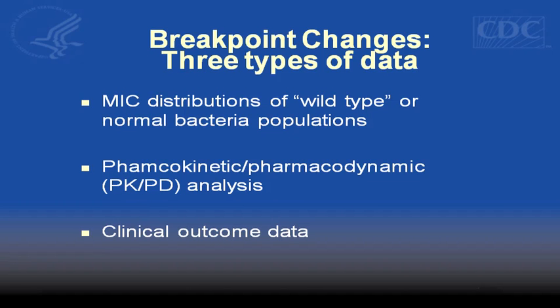For the cephalosporin breakpoint changes, and even for the carbapenem breakpoint changes, there was very little clinical outcome data, for different reasons. For the cephalosporins, laboratories were trained to report cephalosporins as resistant whenever an ESBL was present, so it was difficult to find data on whether a cephalosporin would be an effective treatment. Now we're all taught that they weren't an effective treatment, but really what we know about ESBLs is that there are many different enzymes called ESBLs, and they have different levels of activity.